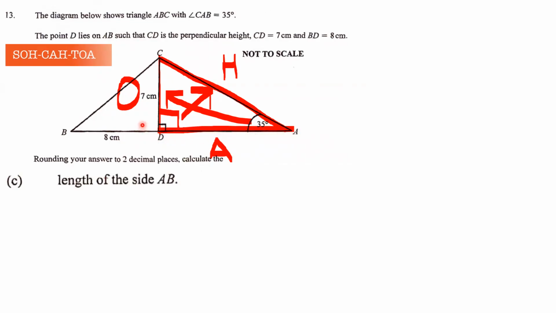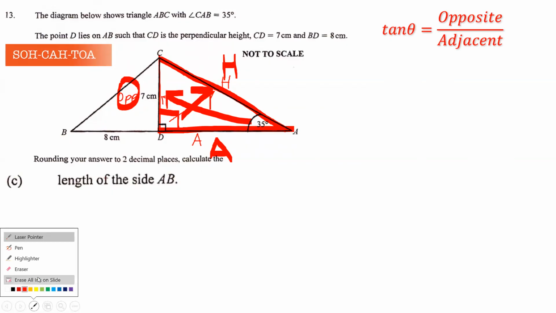We can find the adjacent by using tan theta, and we can find the adjacent by using cosine. But the problem is we cannot use cosine because we don't know what the hypotenuse is. And so we are forced to deal with tangent again because we know what the opposite is. The opposite is 7 centimeters. And so let's go ahead and perform the calculations.